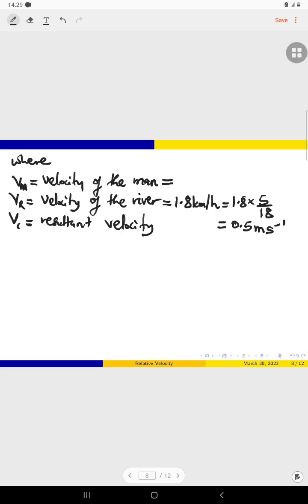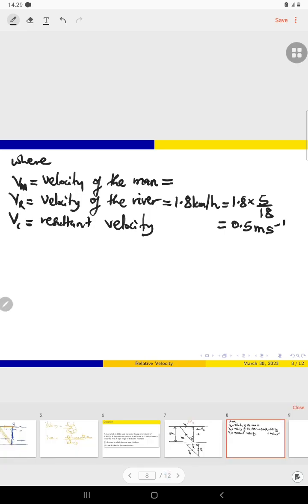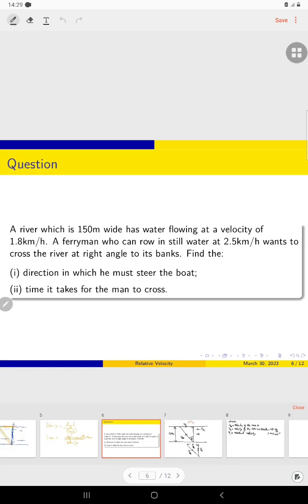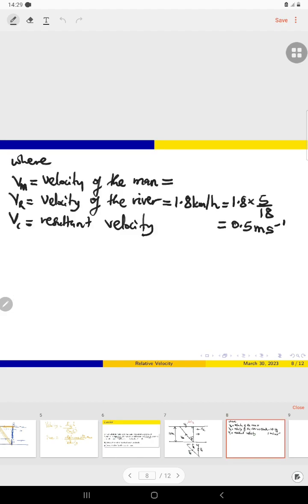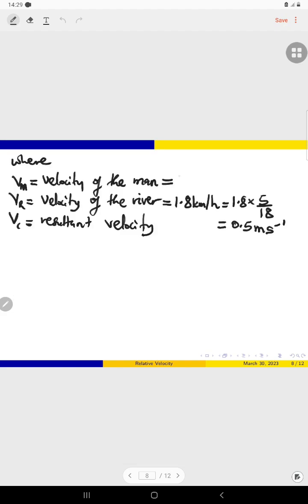All right. Then when you continue with the question, it's giving us a ferryman who can row in. So here is the velocity of the ferryman. The velocity of the ferryman is 2.5 kilometers per hour. And this is also 2.5 times 5 over 18.